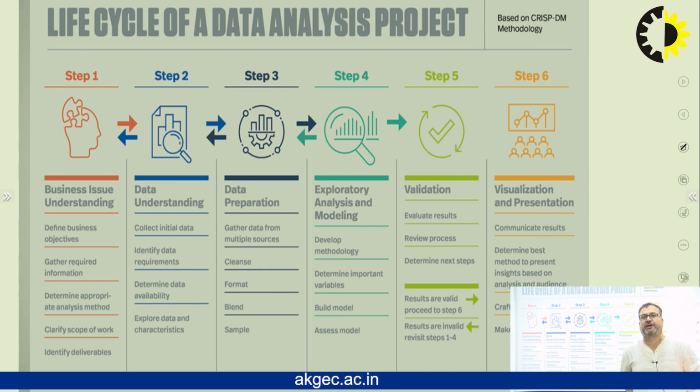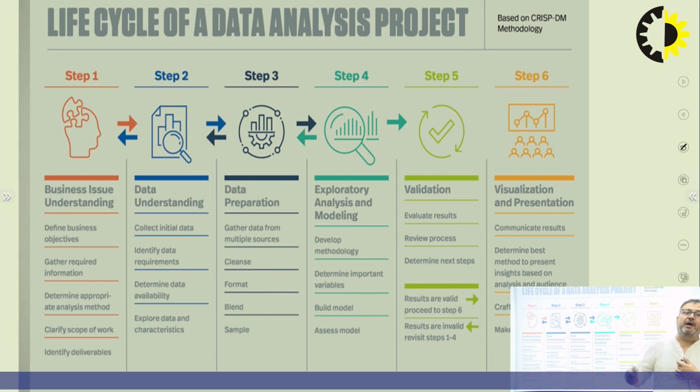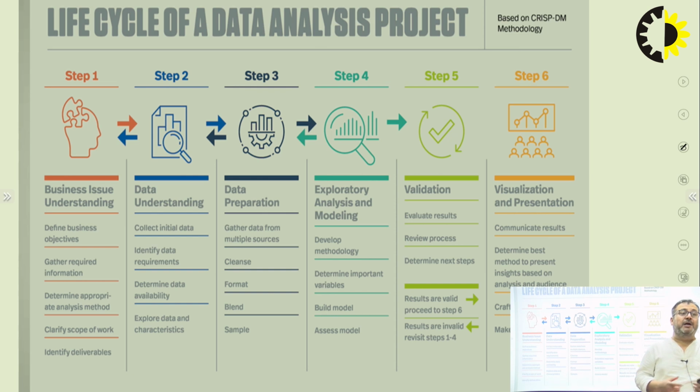This is not relational, I mean not tabular form of data. This is very unstructured. Unstructured means there could be many different formats. There could be text, image, voice, audio, video and all that. So, we format the data, then blend and then sample.